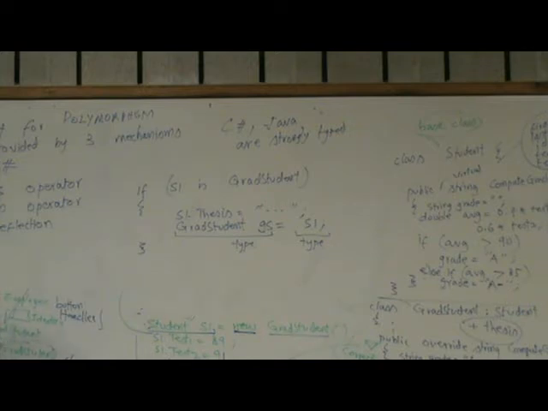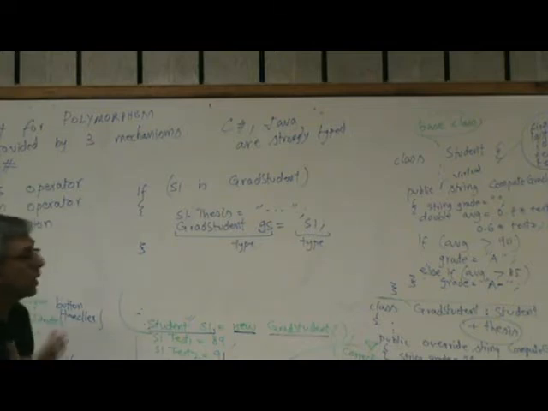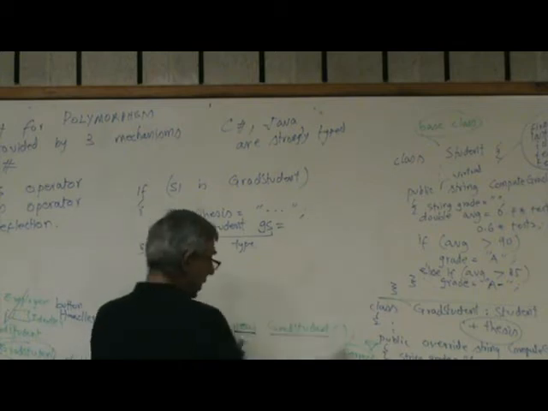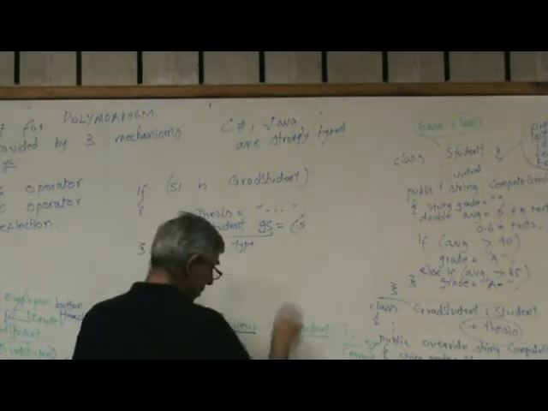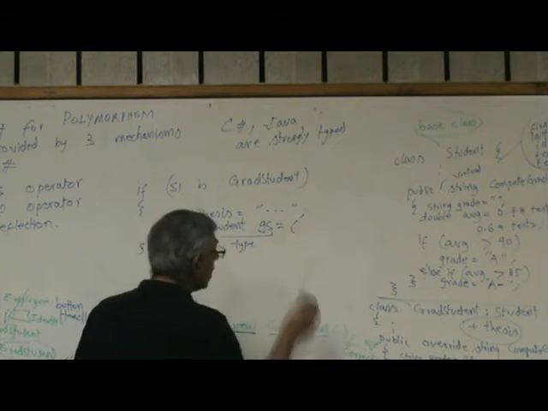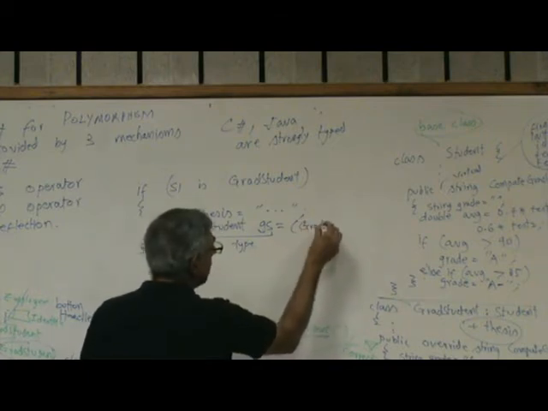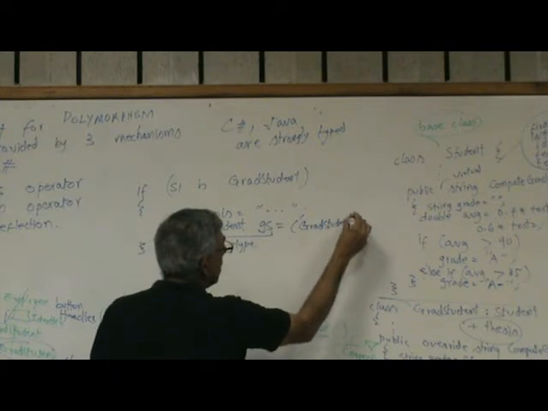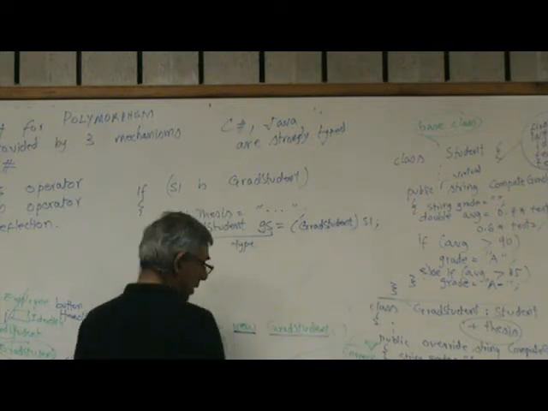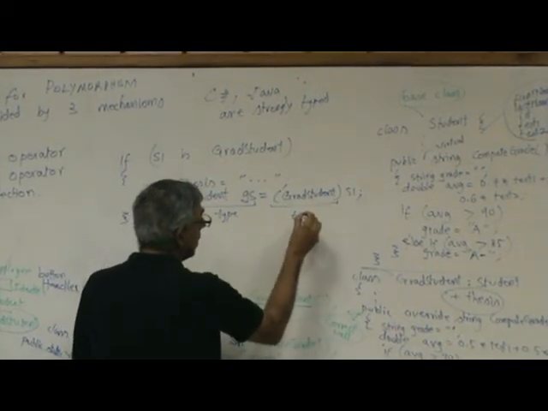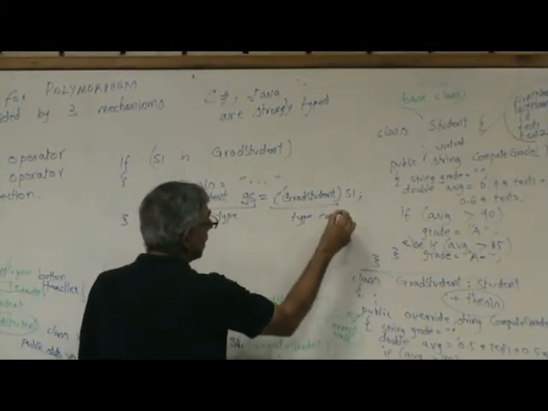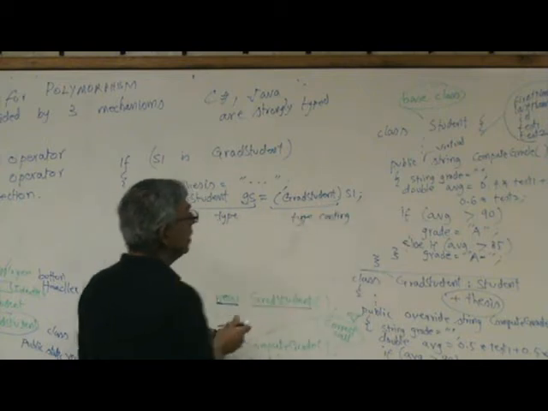Okay? So to satisfy the compiler, we have a concept called typecasting. In typecasting, you tell the compiler it's okay to convert S1 to a grad student. So just to satisfy the compiler, this is called typecasting. It's always put in left paren, right paren.